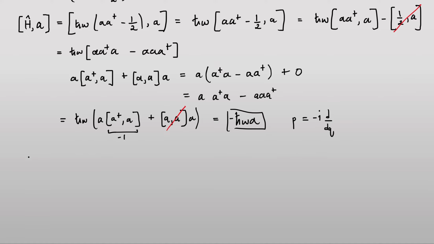Right, and so I will rewrite this. This is negative h bar omega a, and same thing here. We have h bar a equals positive h bar omega a dagger. And these are the two, and we can prove this one to ourselves too, using the same process.